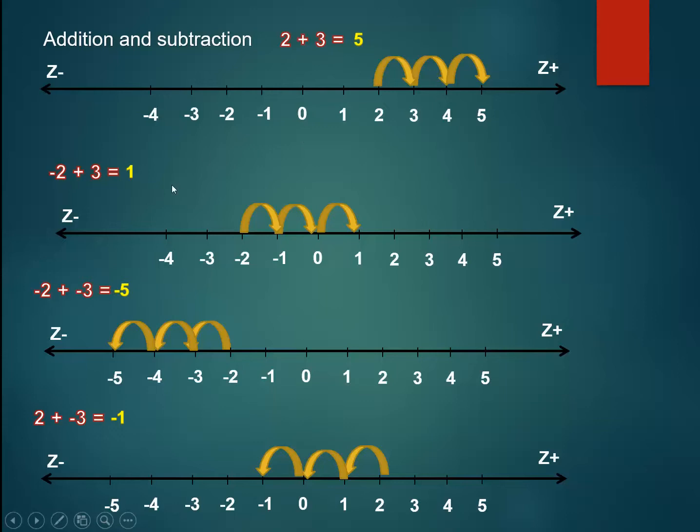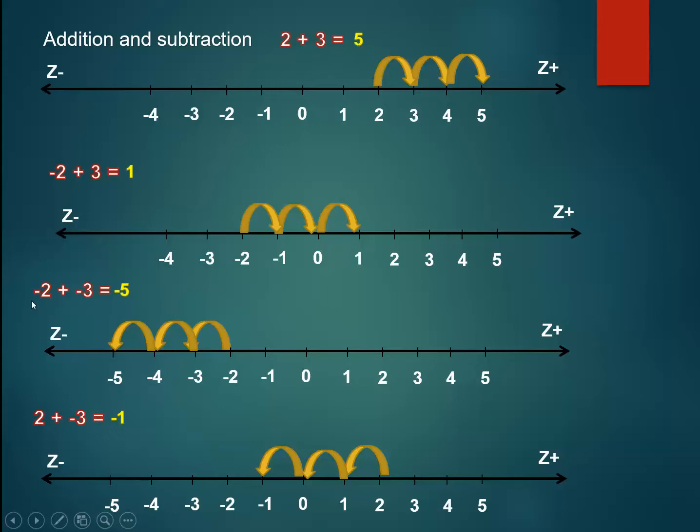Here, what is the common property? Both of them have the same sign. Here positive 2 and positive 3, here negative 2 and negative 3. So in addition, if we have the same sign, we add and put the same sign. If both numbers are positive, add and put the positive sign.